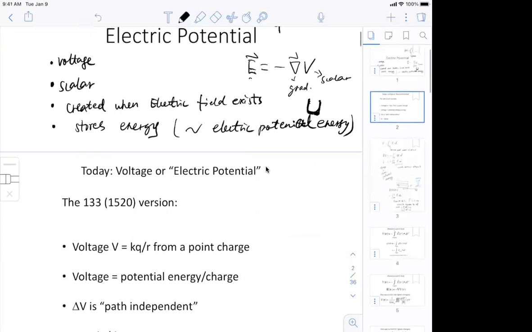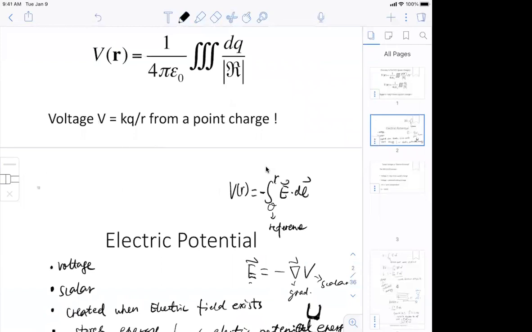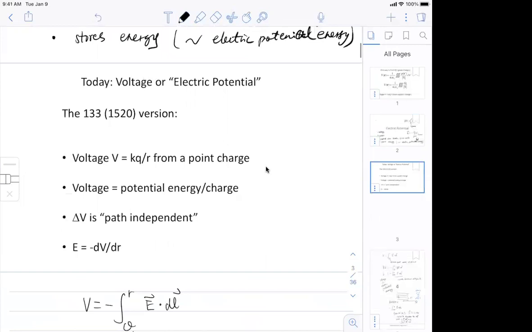Okay, I'm gonna give you a few quick notes from our 133, 1520 courses. You may have noticed that V is kQ over R for a point charge, right? Now voltage is related to electric potential energy, as you said: energy over charge gives me the potential, the voltage. Sometimes we're talking about a potential difference, delta V, the difference between the potential at two different points. This is path independent.